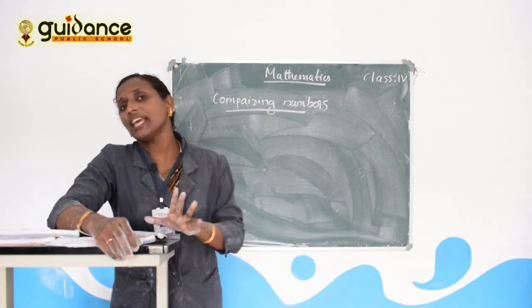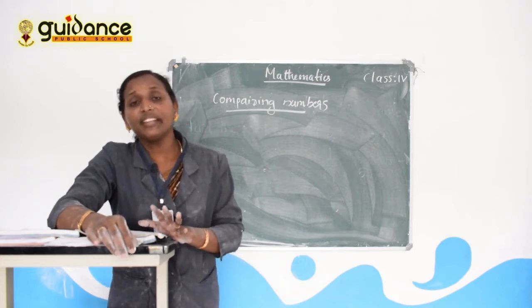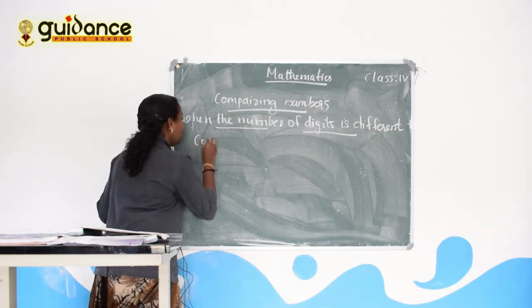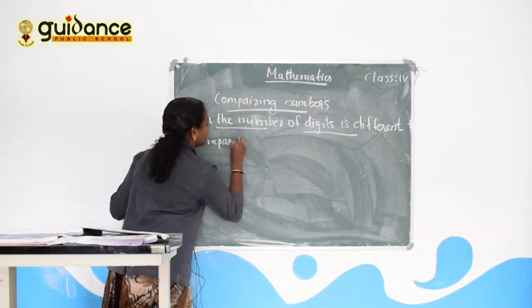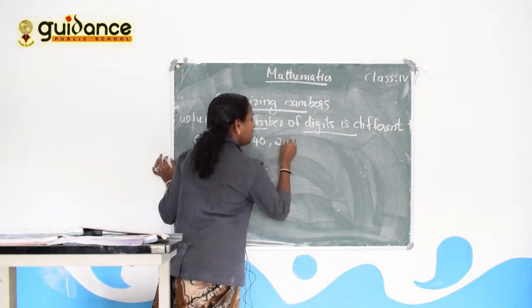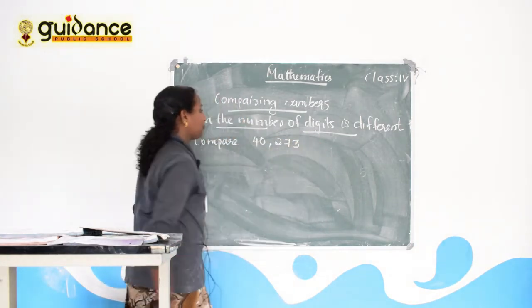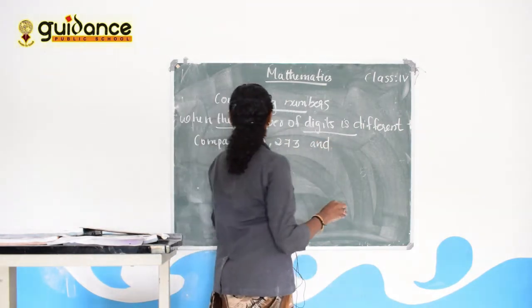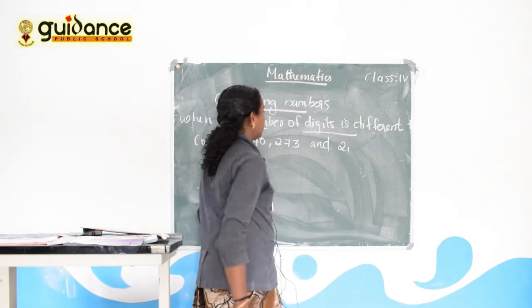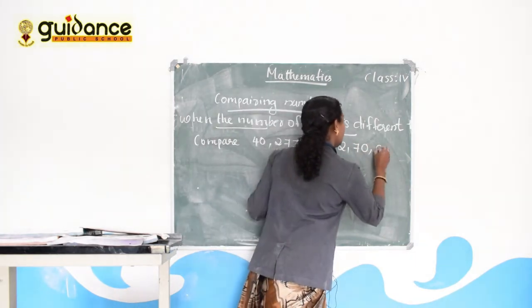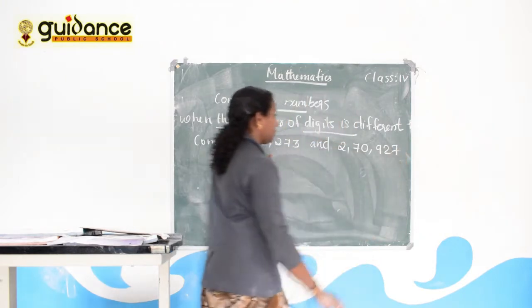In this section we have some cases. In the first case, the number of digits is different. Example, compare 40,273 and 2,70,927.